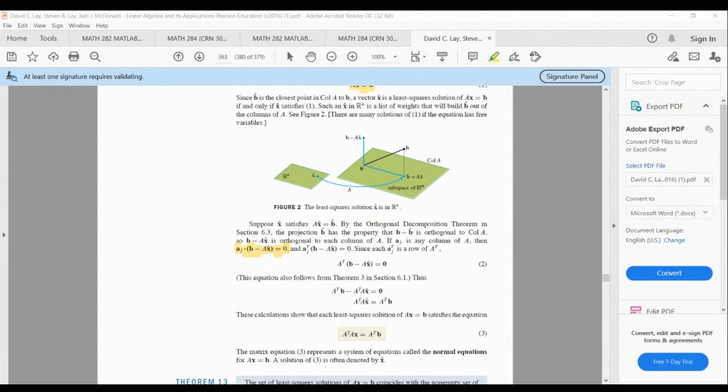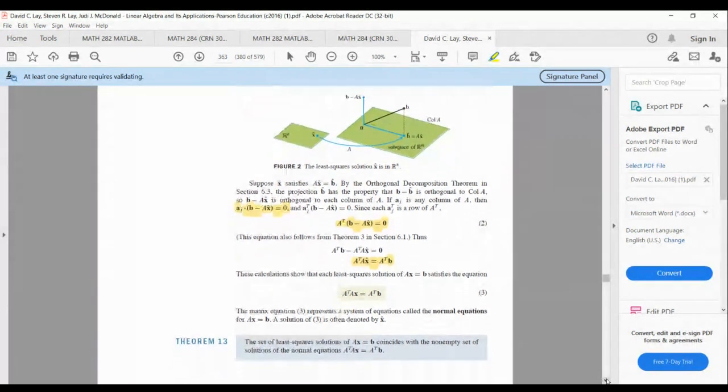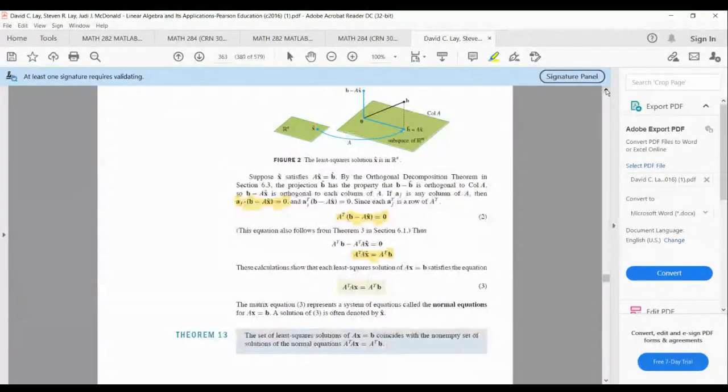So the orthogonality means the dot product equals 0, and of course that's true for every column vector in the matrix A. If we put it all together, we end up with this matrix equation: A transpose times (b minus A x hat) equals the 0 vector. We can solve that to get A transpose A times x hat equals A transpose times b. And those are called our normal equations. The normal equations are how we are going to find the x hat.